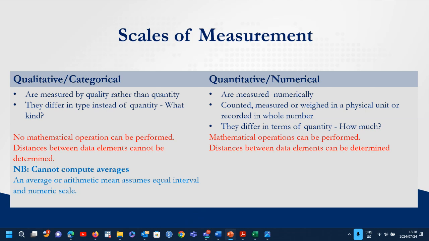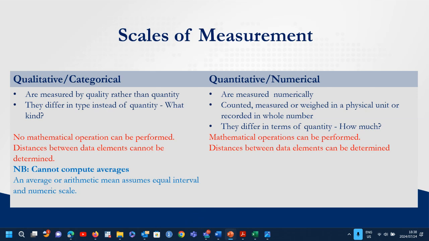If you look at qualitative, me and the next person differ by type. I said brown, they said yellow. On the other hand, I say I'm 30, they say they are 40. We differ by quantity, a number. The difference can be quantified by a number. One of the key features is that with qualitative data we can't determine distances between the data elements.